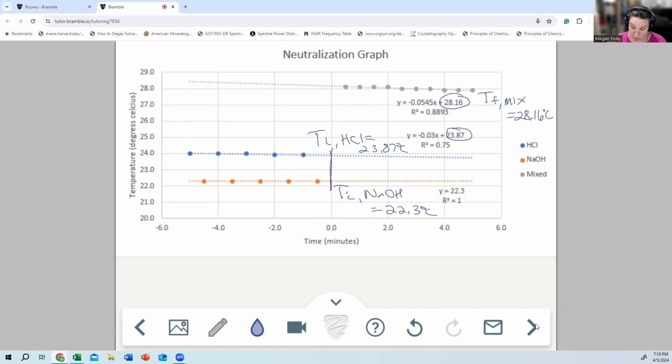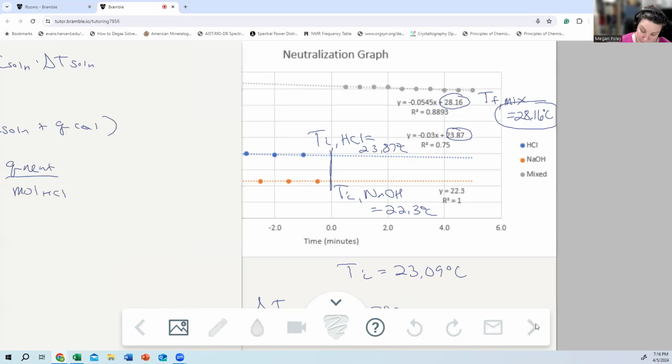So if we take 22.3 plus 23.87 divided by 2, we get a T initial of 23.09 degrees Celsius. So that'll be our initial temperature. This will be our final temperature. So our delta T for our solution will be our final 28.16 minus our initial 23.09, giving us 5.07 degrees Celsius.